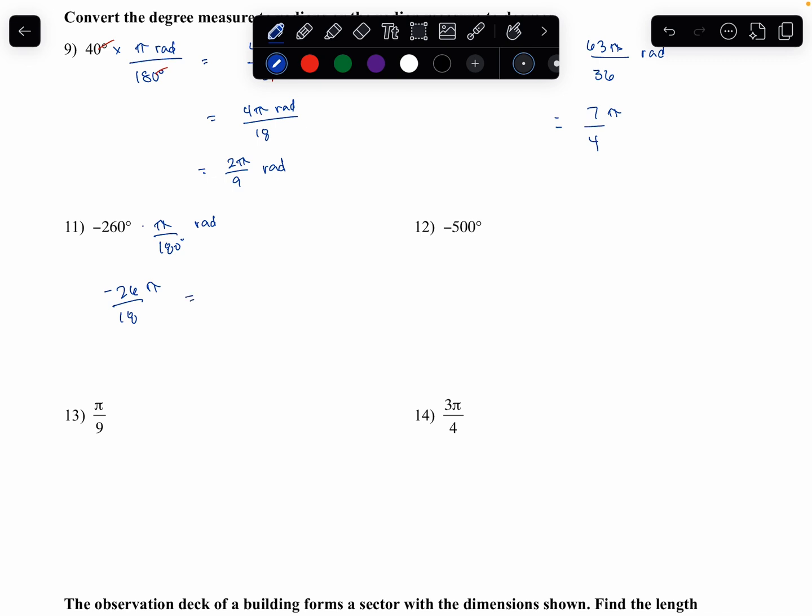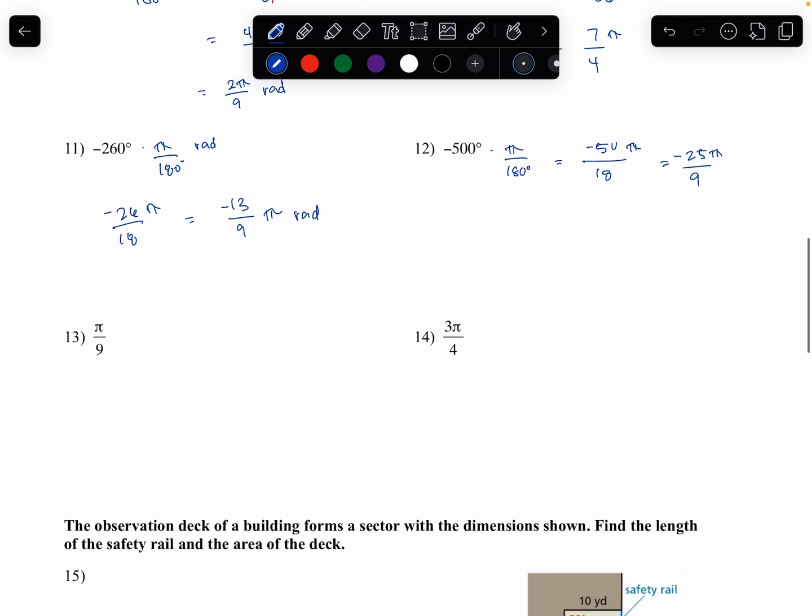That's going to be equal to negative 13 over 9 pi radians. For 500 degrees, times pi over 180 degrees, that's going to be negative 50 pi over 18, and that's going to be equal to negative 25 pi over 9.